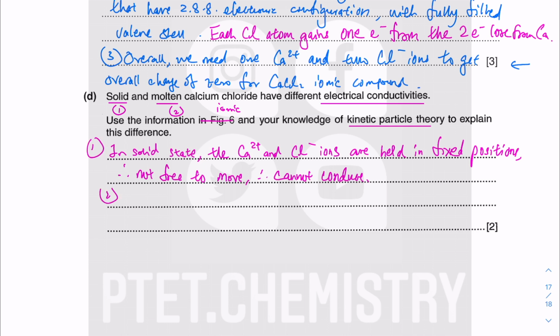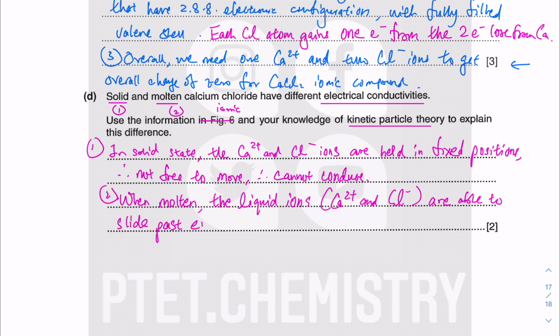But then when molten, which refers to melting, that means solid goes to liquid. The liquid ions, meaning calcium 2+ and Cl-, are now liquid and are able to slide past each other. That is to do with states of matter, part of the distinguishing properties of solid, liquid and gas given in the syllabus for states of matter, topic number 1.